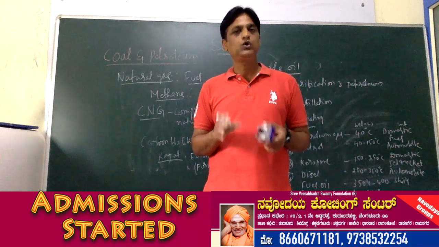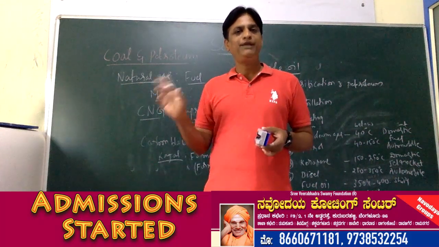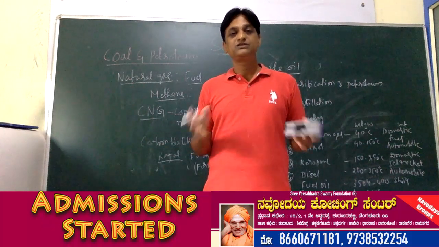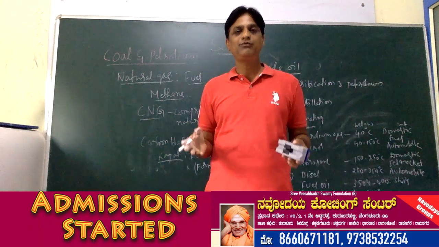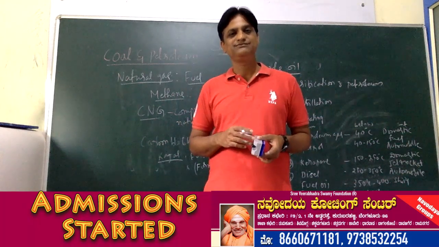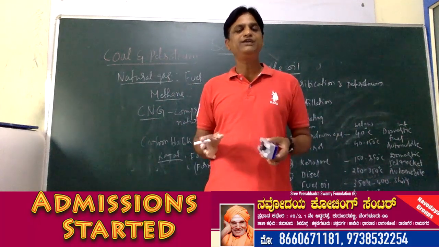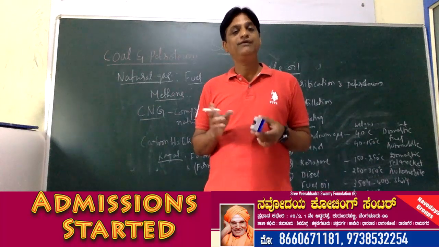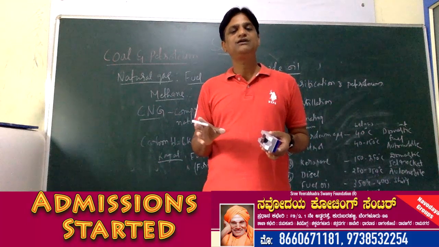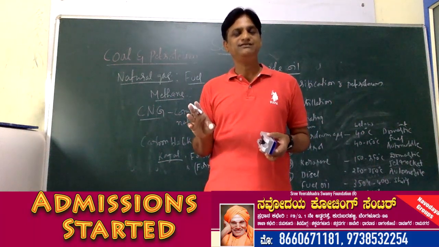the use of coal. And similarly, petrol and diesel are mainly used as automobile fuels. Today we know that vehicle population is increasing day by day, just like human population. So how can we reduce the pollution caused by vehicles? See, unnecessarily we should not switch on the engine.